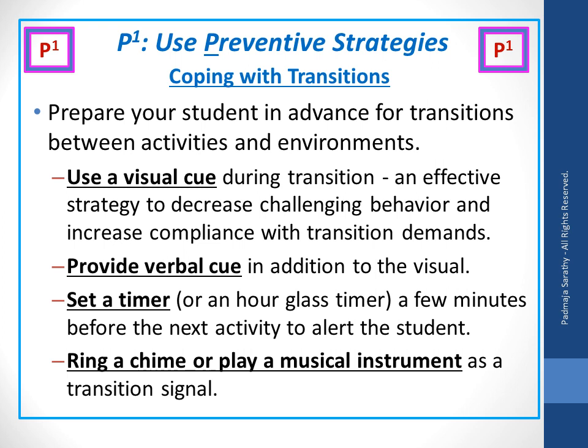And if it happens in the classroom or when you are taking them to the playground and some children have difficulty coming back to the classroom, you may want to set up a timer, or you may want to use music as a cue, or you may want to use a musical instrument to cue them that the playground recess time is over.